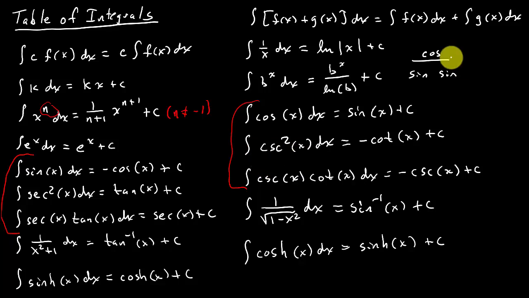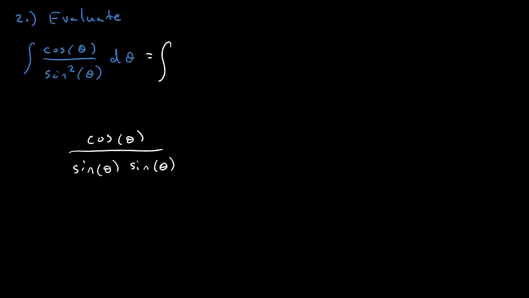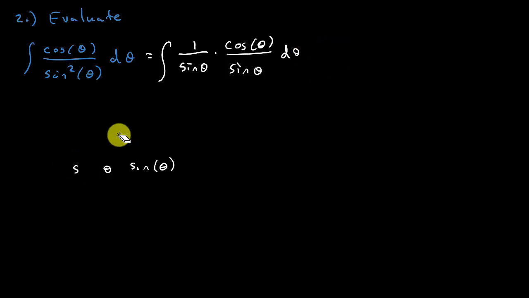Well, if you look at it, do you see here I have a 1 over sine and I have a cosine over sine? Well, 1 over sine is cosecant and cosine over sine is cotangent. So you can see we've got this one right here. So let's go back and write this as 1 over sine theta times cosine theta over sine theta d theta, which is equal to, let me come down here and write it.